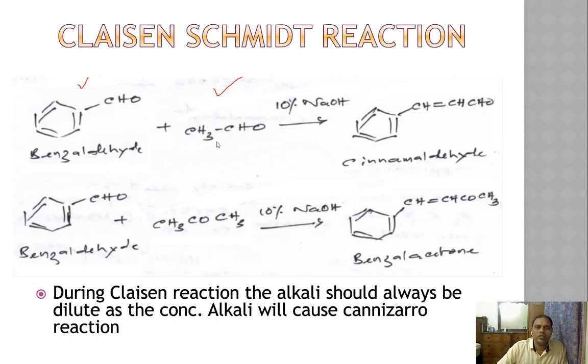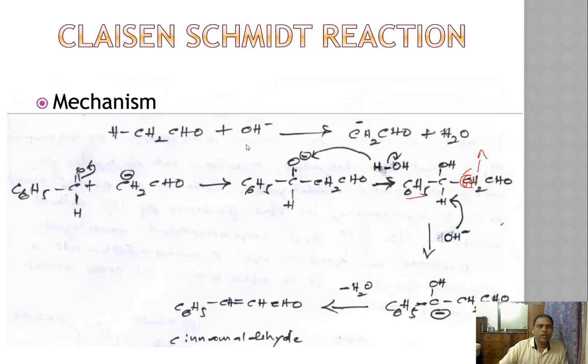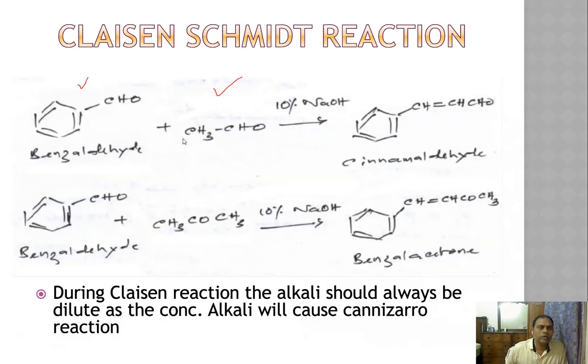So actually this has got the active hydrogen. It is going to give out this hydrogen. Compounds which give out the hydrogen attached to the carbon, those hydrogens are active hydrogens, and this aliphatic aldehyde has got an active hydrogen.